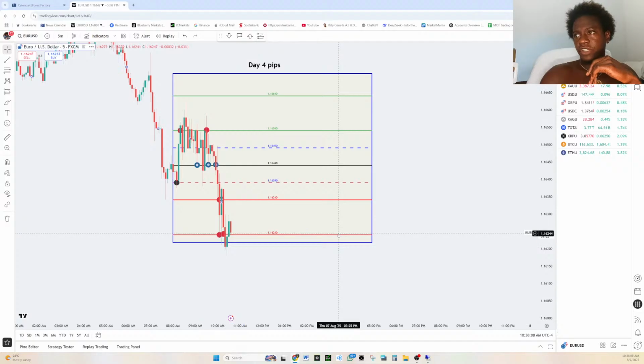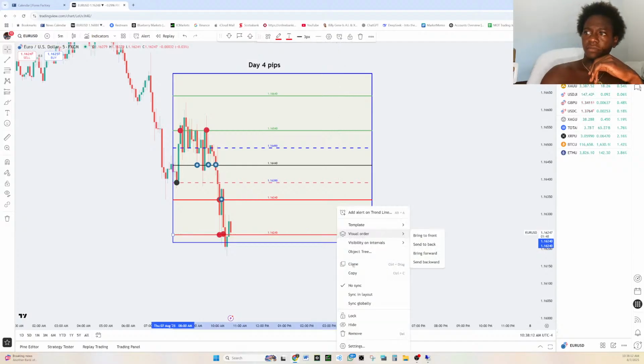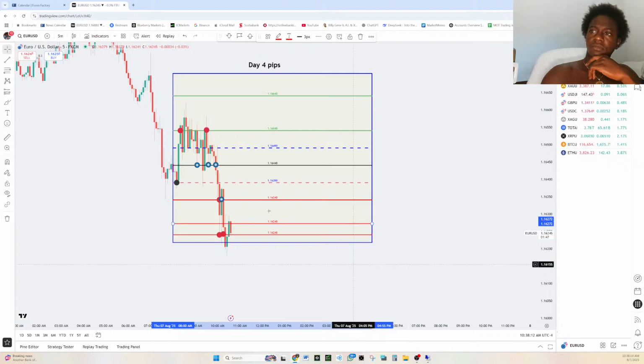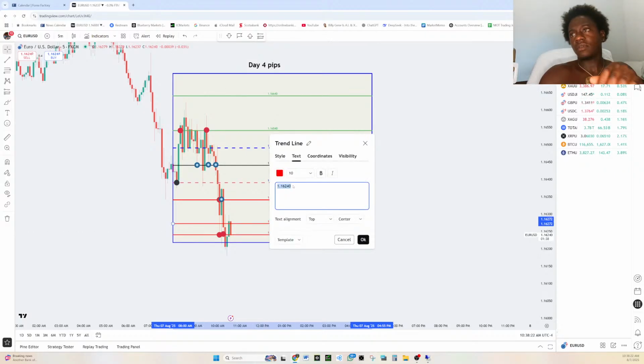Let's go ahead and project the next bearish level lower, which is 1.16240. 1.16140. Copy.